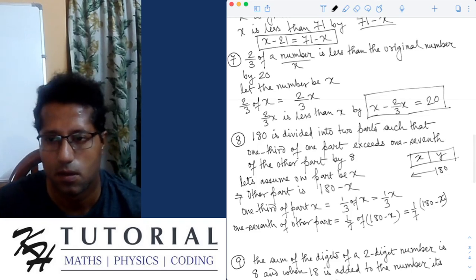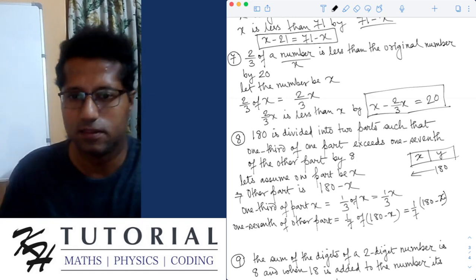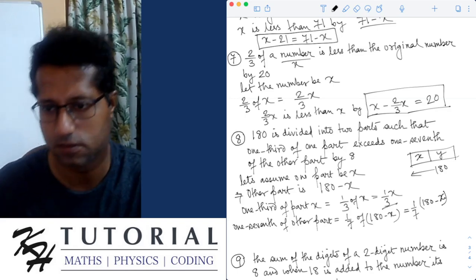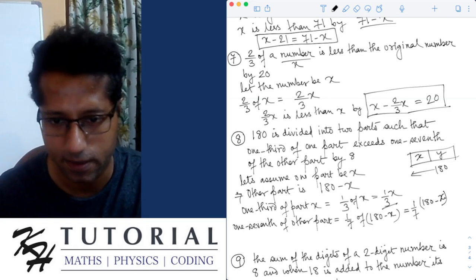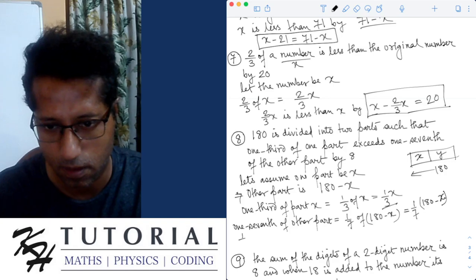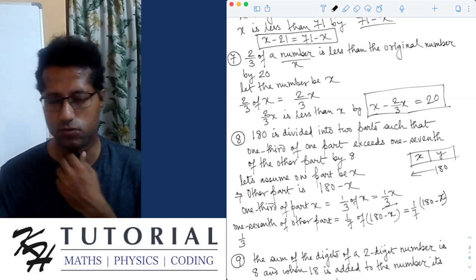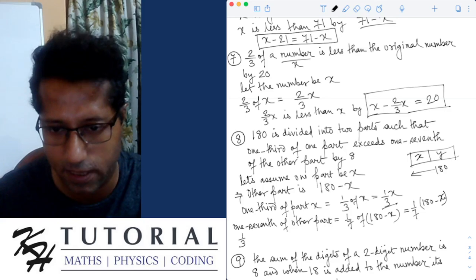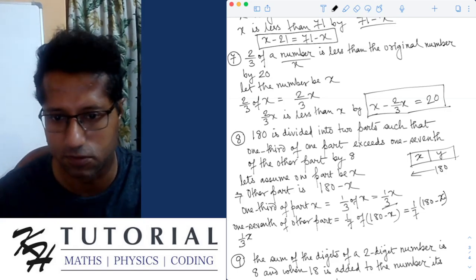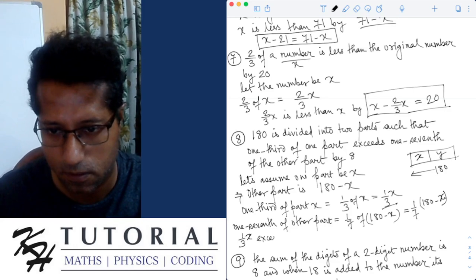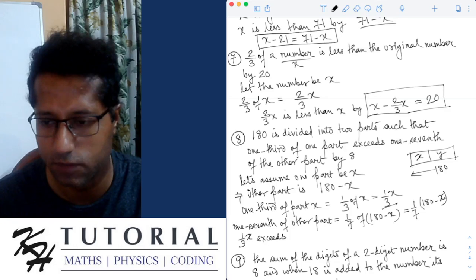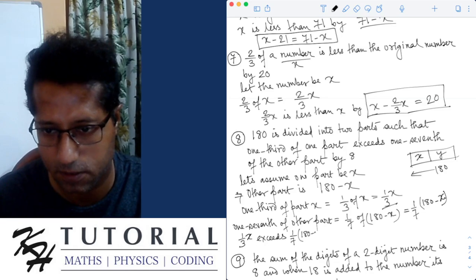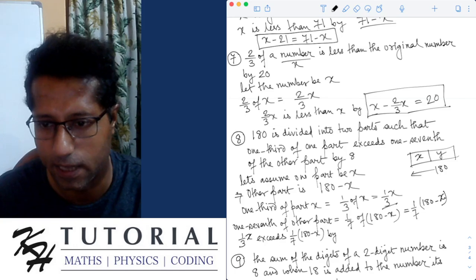Okay. Now it is saying that 1/3 of one part exceeds this thing. This is 1/3 of x. Now I'm trying to translate the given statement in terms of the expressions we have found. So it is saying that 1/3 of one part, x by 3, exceeds 1/7 of the other part, that is 1 by 7 into 180 minus x, by 8.